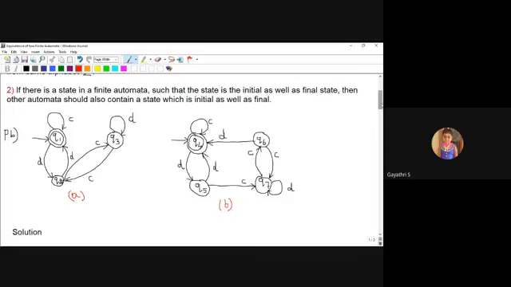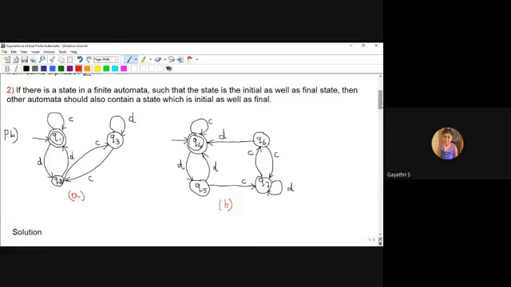First, I will check basic condition number 1, which is based on the alphabet. In finite automata 1, what is the alphabet here? C comma D. In finite automata 2, here also the alphabet is C comma D. So both are the same. Next, in automata 1, the initial state also acts as a final state. In automata 2 also, the initial state acts as a final state.